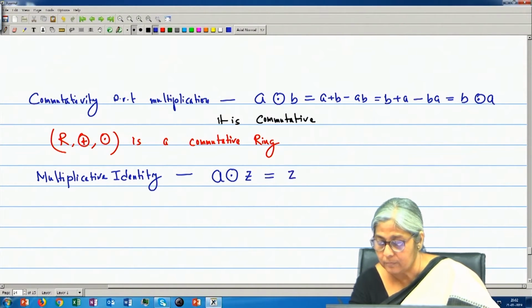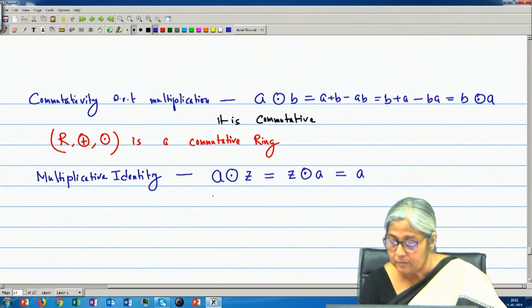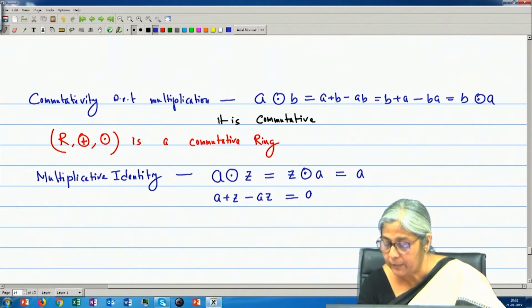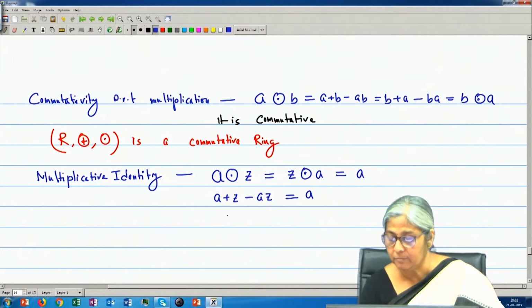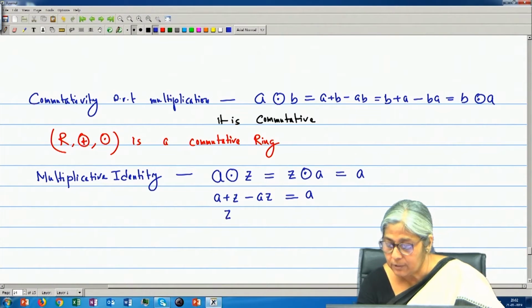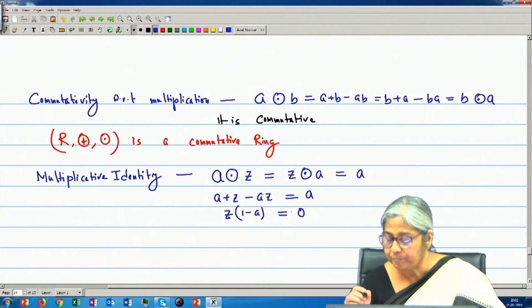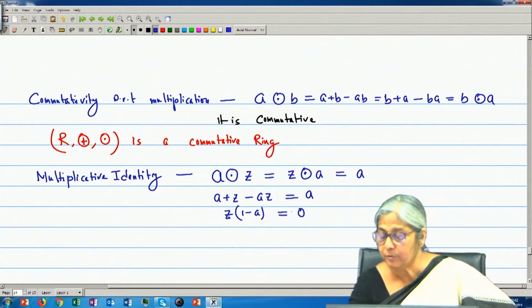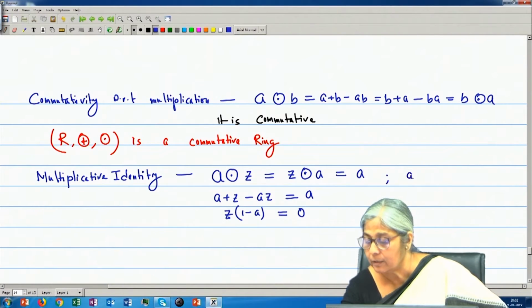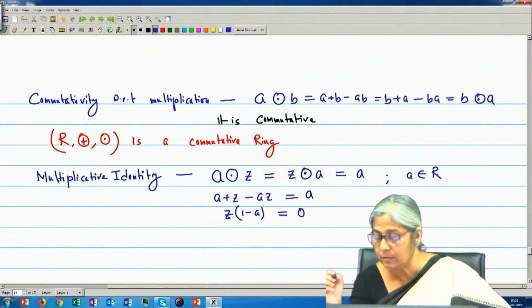So, a plus z minus az equal to a, since it is already commutative. So, z into (1 minus a) equal to 0, and this is for all a belongs to R.